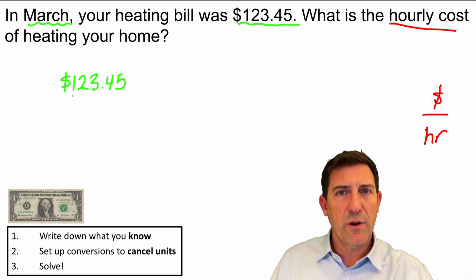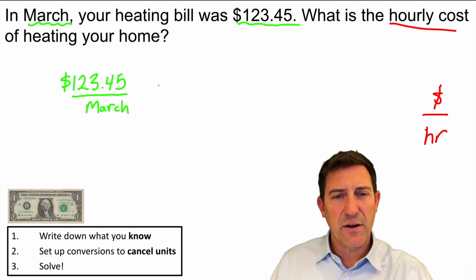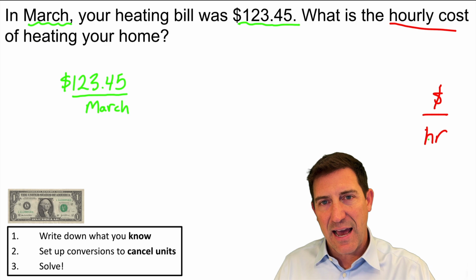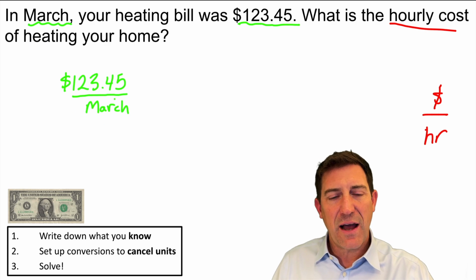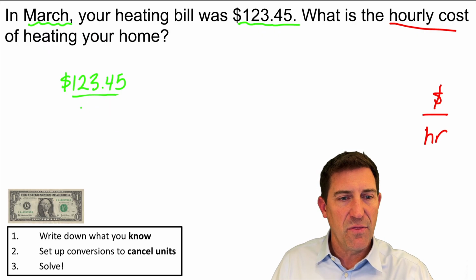It's $123.45 per, I'm going to put per March, but let's talk about that. What we really need to figure out is we probably need to get this into days and whatever, and then get it into hours. So we need to know, well, how many days in March, and it's probably easiest to just troubleshoot our way through and call this, let's call it month.